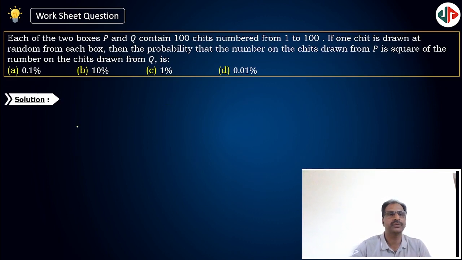Next, each of the two boxes P and Q contains 100 chips numbered 1, 2, 3 up to 100.